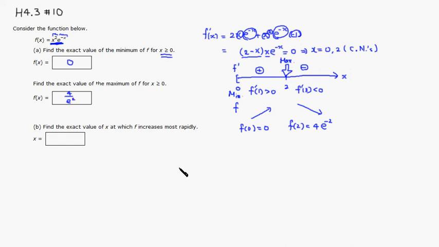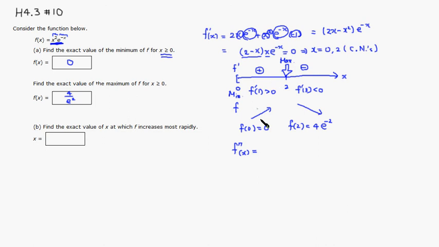Then part B, we're looking for the value x such that f increases the most rapidly. So you look for the critical number for f prime. We're going to take the second derivative and set it equal to 0. Here I'll write f prime as 2x minus x squared, times e to the negative x.